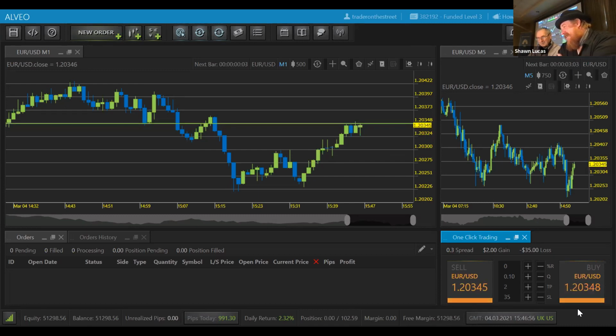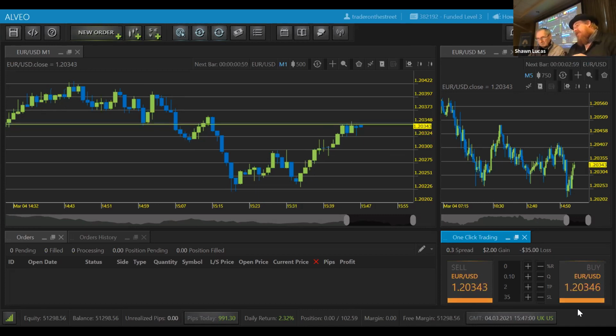All right, now it's trying to make a move to the high side again. But if you look at how price is structured, we've had 4 bars of rally, then some sideways, then 2 bars of rally, then some sideways. So the momentum is starting to wane in this chart.